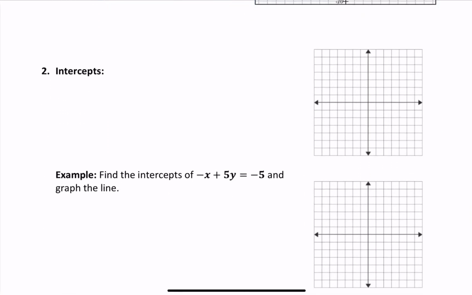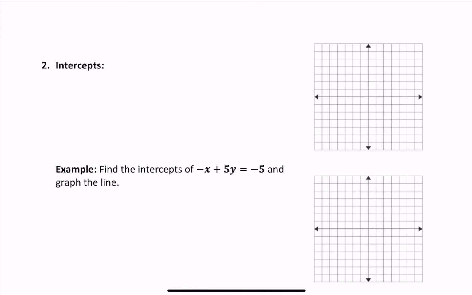Next, we're going to talk about intercepts. Intercepts are where the graph crosses the x or y axis. So let's think about this for a minute. Let's talk about x-intercepts first.